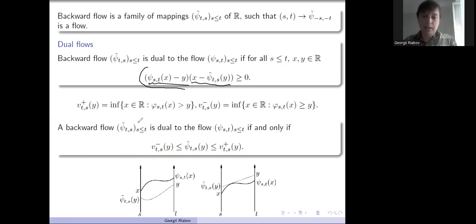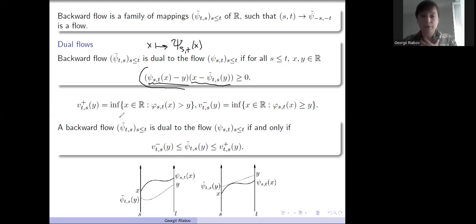If we look at psi st of x as a function of x, since it is a flow, it is an increasing function. And this function as a function of x can be not invertible.